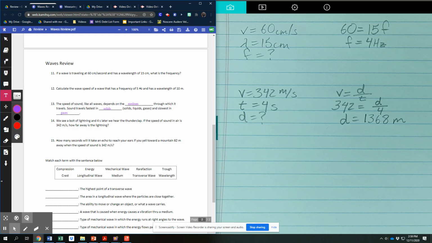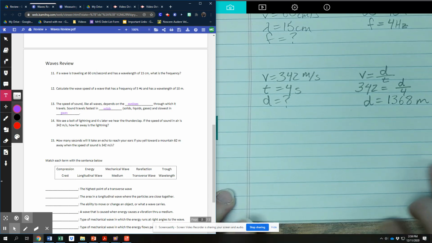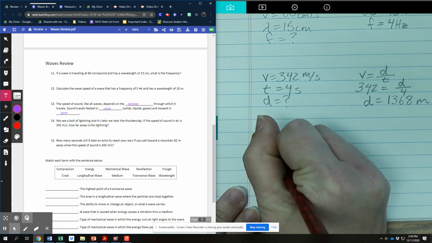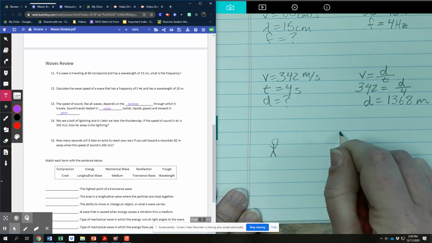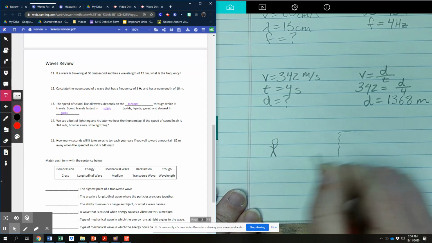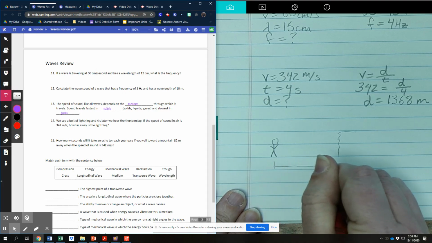All right, so number 15 says, how many seconds will it take for an echo to reach your ears if you yell toward a mountain 82 meters away when the speed of sound is 342 meters per second? So I like to draw this one. So here you are. Here's a mountain, and it's 82 meters away.